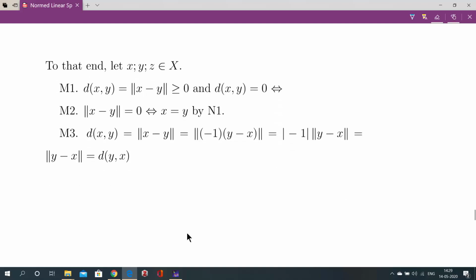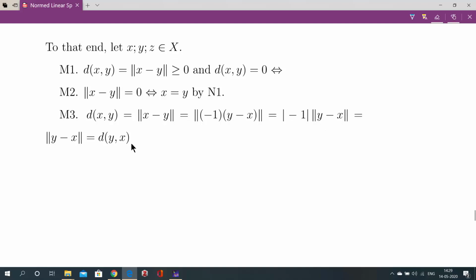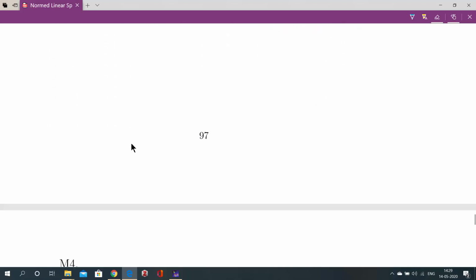And d(x,y) equal to norm of x minus y is equal to norm of minus 1 times (y minus x), which is modulus of alpha, here minus 1, times norm of y minus x, which is equal to d(y,x). So the symmetric property is also satisfied here.